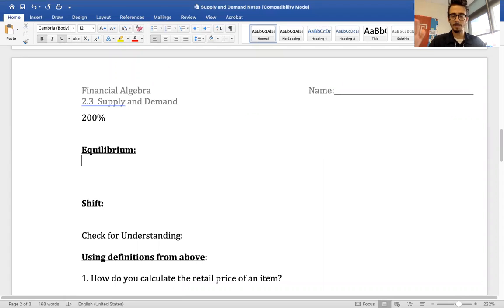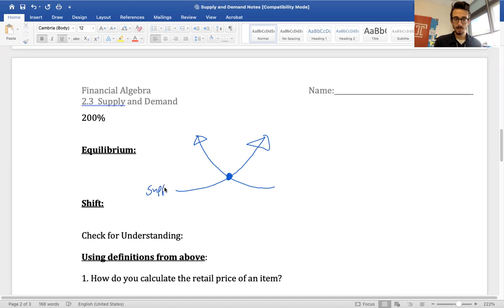Equilibrium, supply and demand is going to eventually be graphed, and we'll see that in a moment, where we'll have two graphs, one for supply, one for demand. The equilibrium is going to be where these two lines intersect, meaning that the supply matches the demand. And that's a sweet spot because the company is not making more than they can sell, and they're meeting every demand.